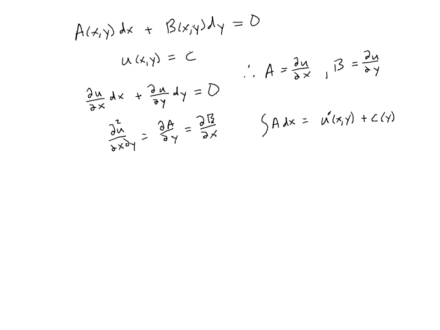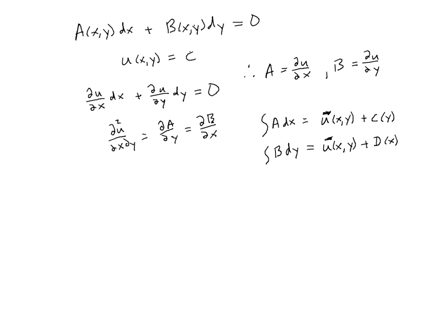And the reason why is because if I take the derivative of u with respect to x, then the constant with respect to y falls off. And meanwhile, I'll do the same thing with b, and I'm going to get some other u of x and y, and then a constant with respect to x. And if these two are equal to each other somehow, that's when I got my solution. Actually, I'll call this u bar. I don't want to use the prime because I can get confused.